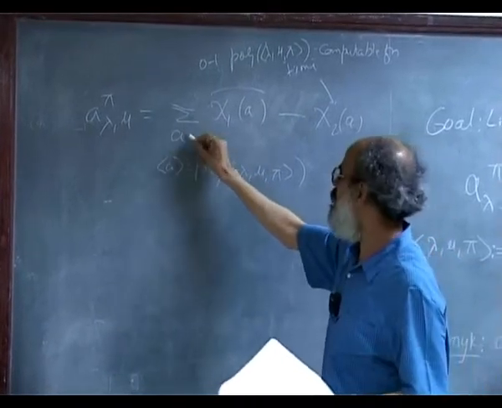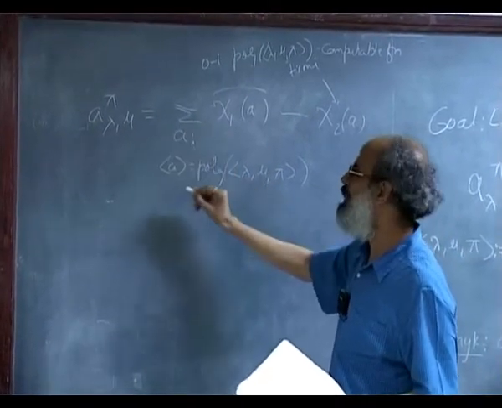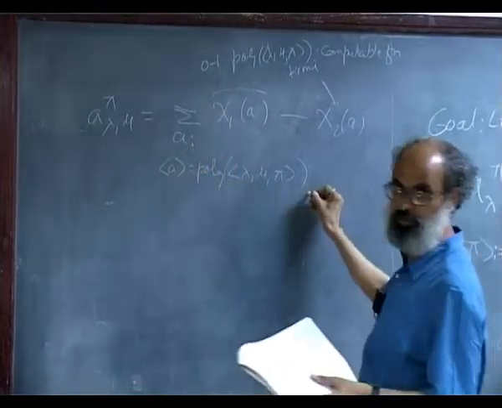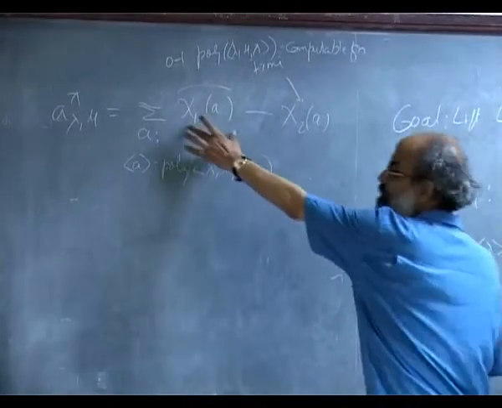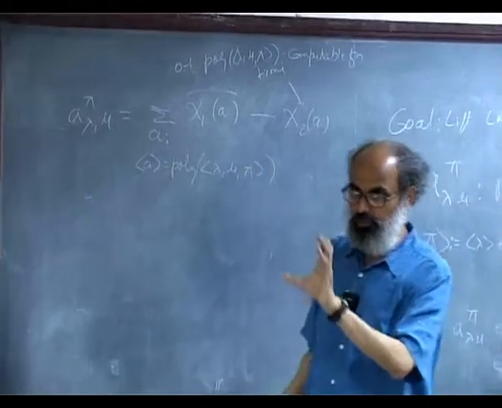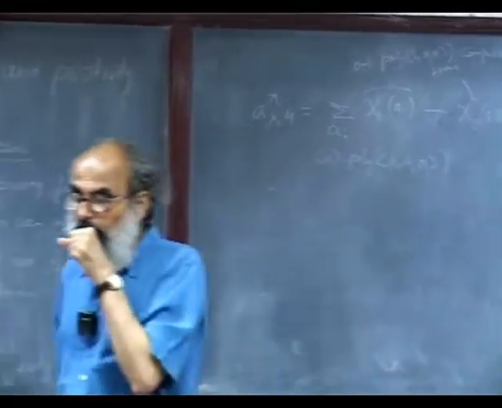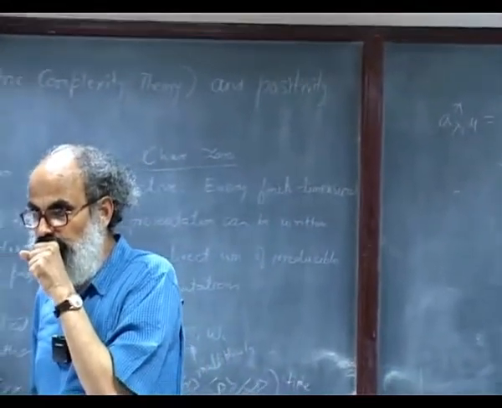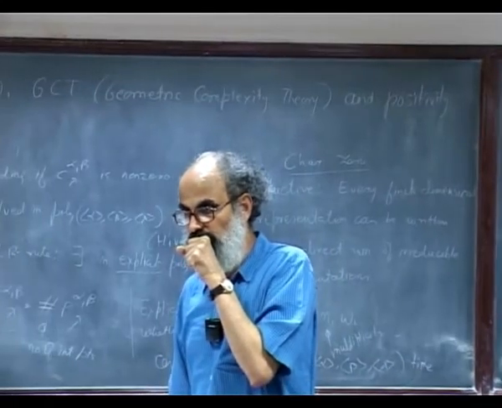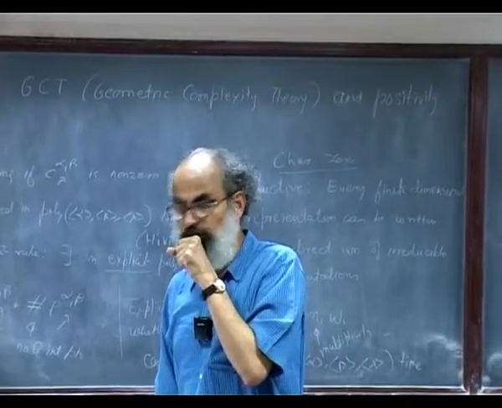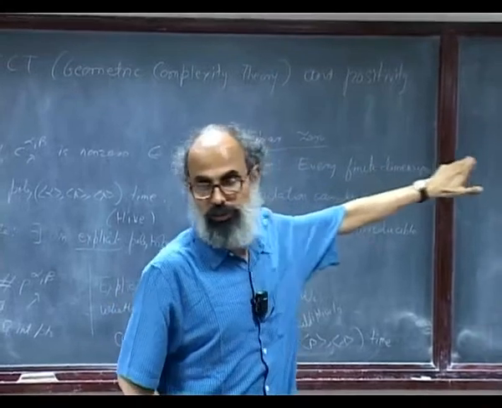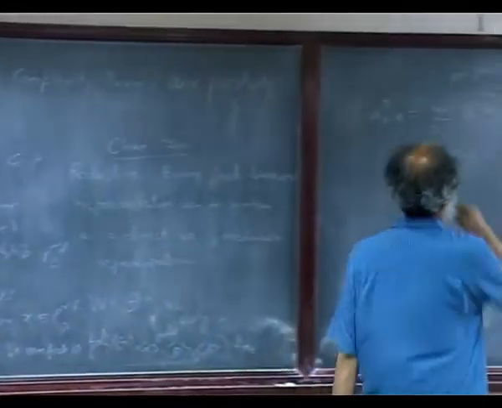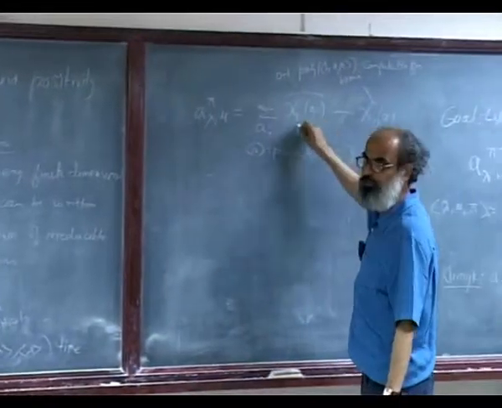A varies over all bit strings of this length, and chi_1 of A is a polynomial-time computable function of that. What's the difference? The difference of two functions is a function, and each one is a 0-1 function, polynomial-time computable.